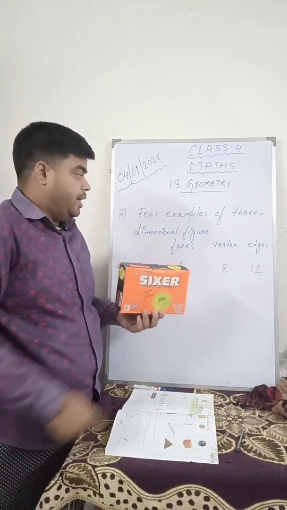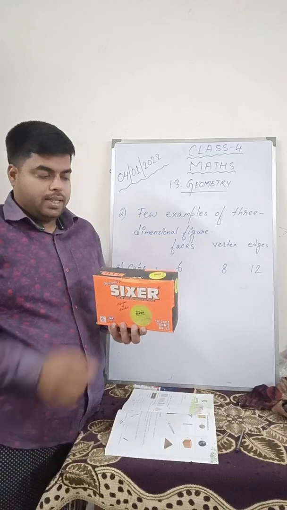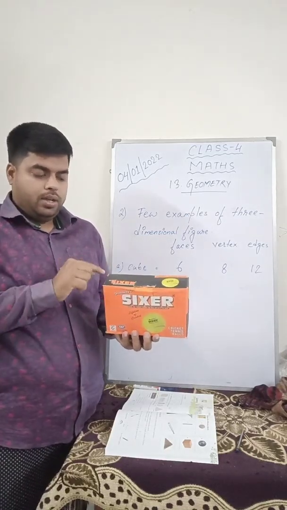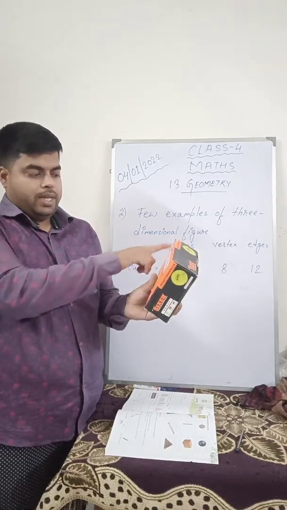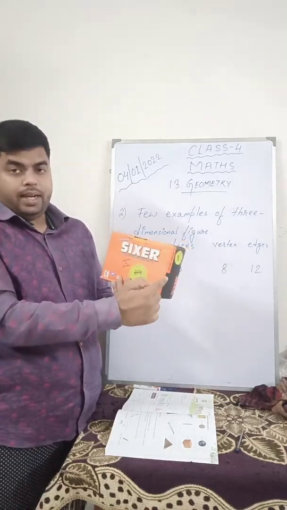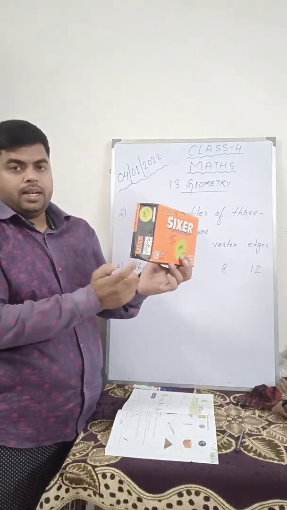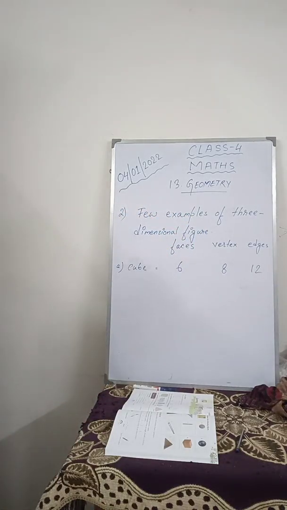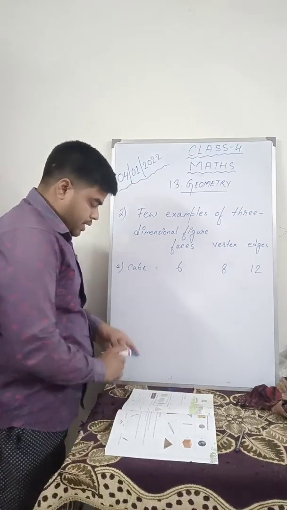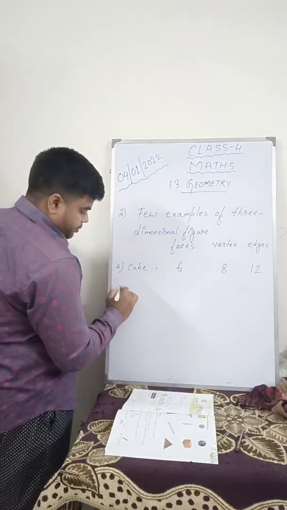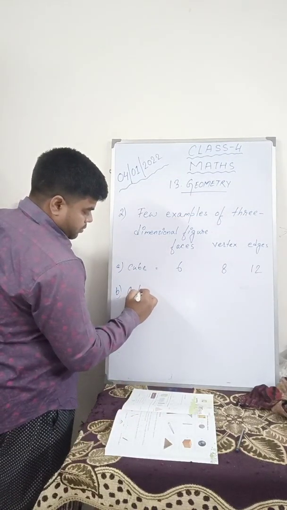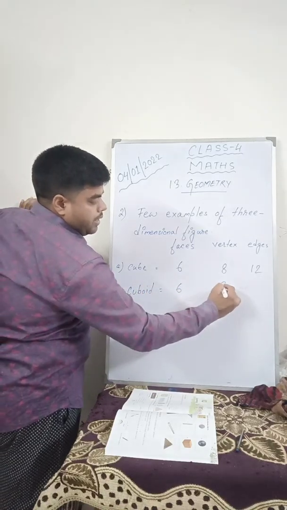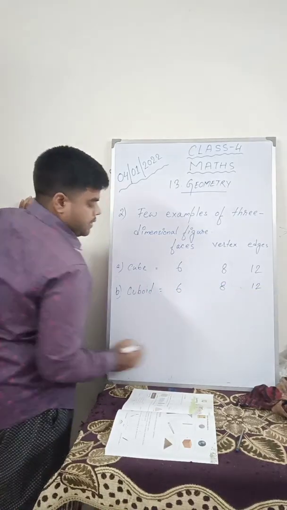These are 8 vertex. And how many edges? Let us see. 1, 2, 3, 4, 5, 6, 7, 8, 9, 10, 11, 12. So you will have 12. Next is cuboid. Cuboid will also have 6 faces, 8 vertex and 12 edges.